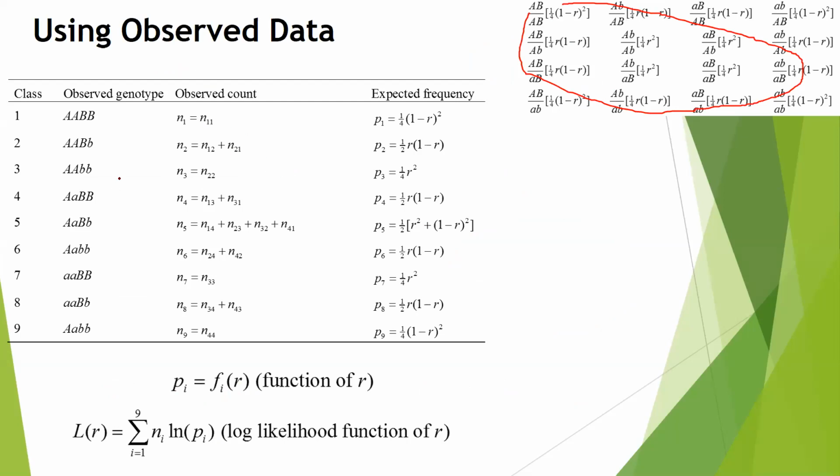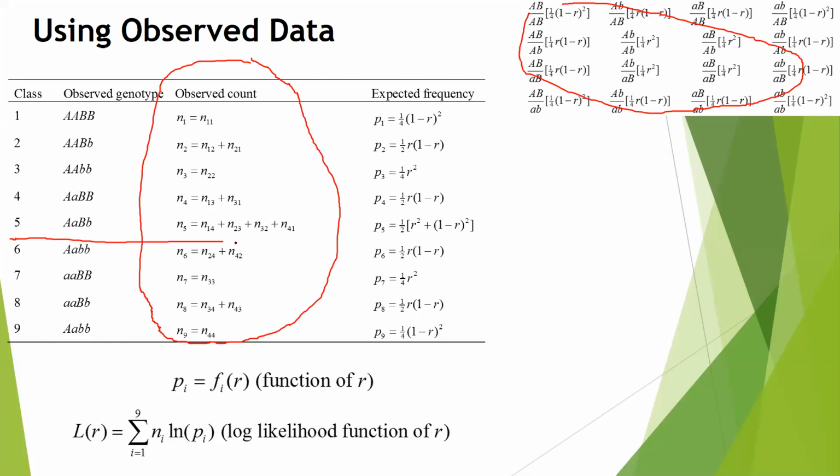If we can only genotype the two loci for each progeny, and we cannot get the haplotype information for these two loci, then what we can really see is these 9 categories. Instead of 16 cells, we can only see 9 categories.